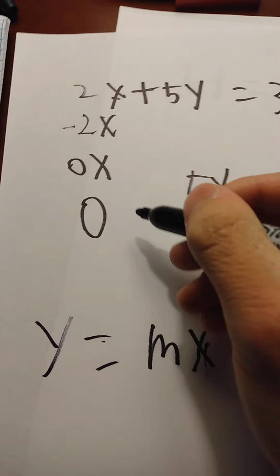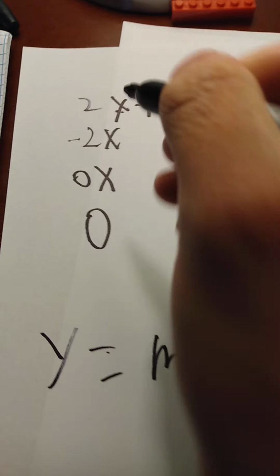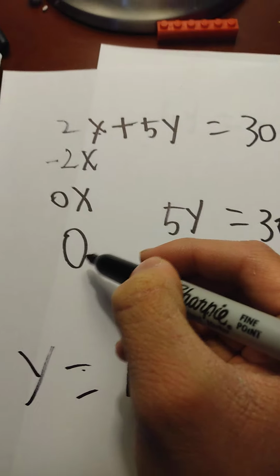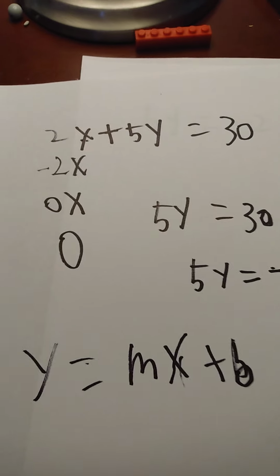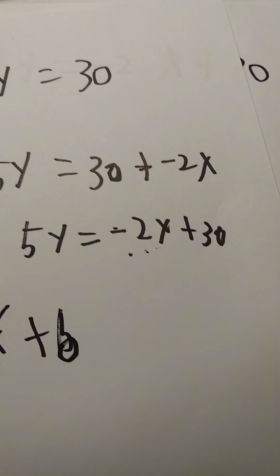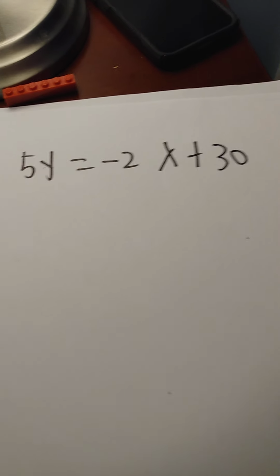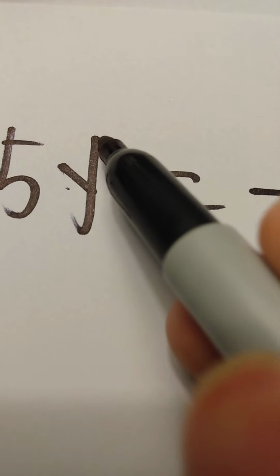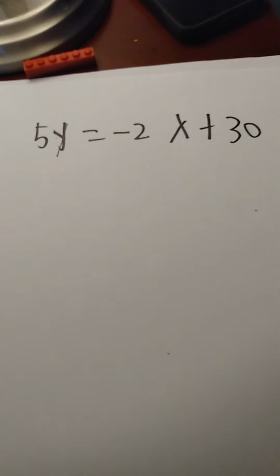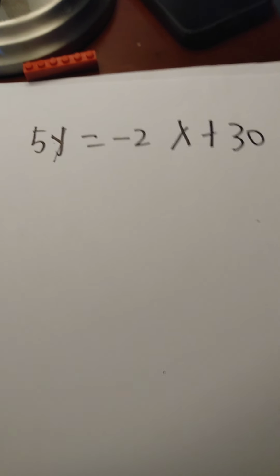The 0 will not completely disappear. When you bring the negative 2x and subtract it to 0, you don't completely get rid of it. You must add it to the equation right here. In the beginning of this video, we said that we have to isolate the y from everything else to get the formula y equals mx plus b.